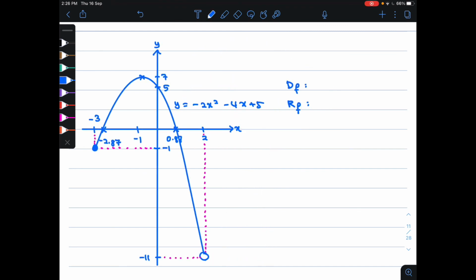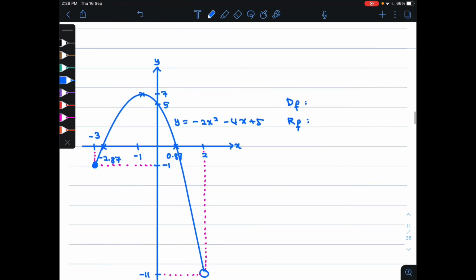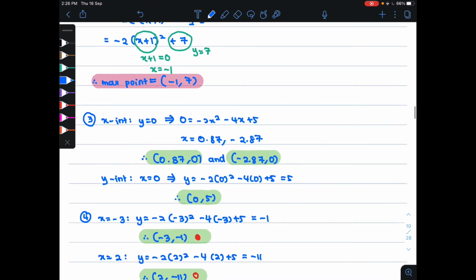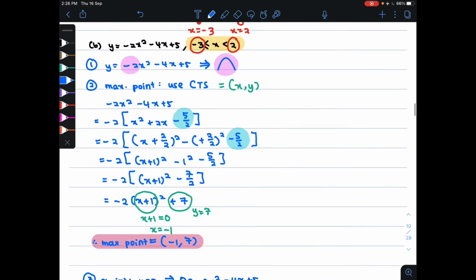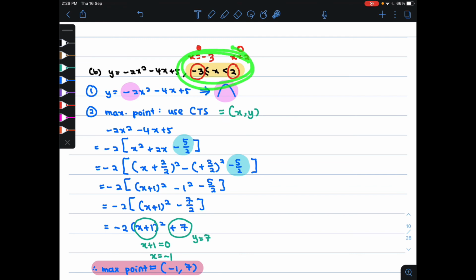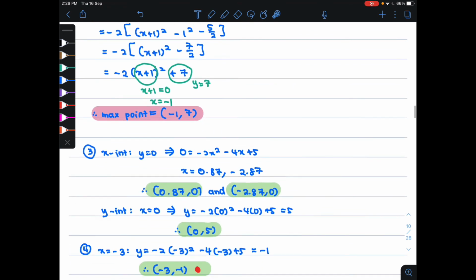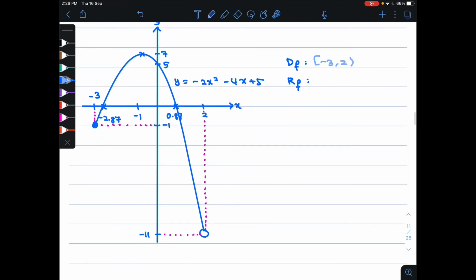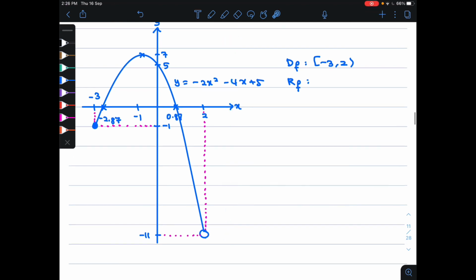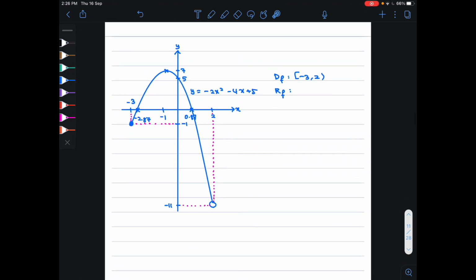For domain, we can look at the question, especially at the extra information given. So, this is our domain. And for range, we look at the y-axis from bottom to top. Okay, so kalau kita scan kita punya graf, dia tak ada graf daripada negative infinity ni. Dia start kita punya graf pada y equal to -11.